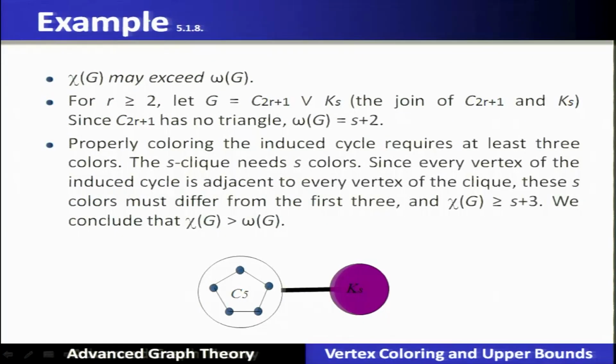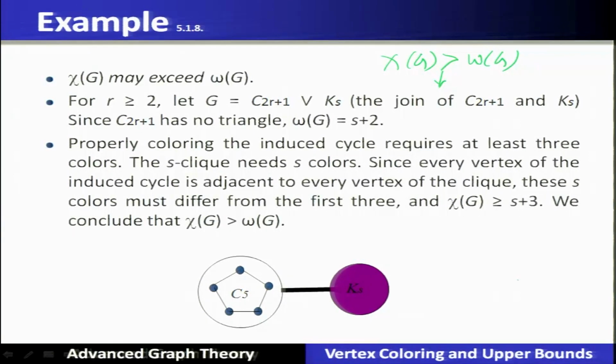Now, let us see how good this bound is in terms of tightness. Chi of G may exceed omega of G in this particular construction of a graph.